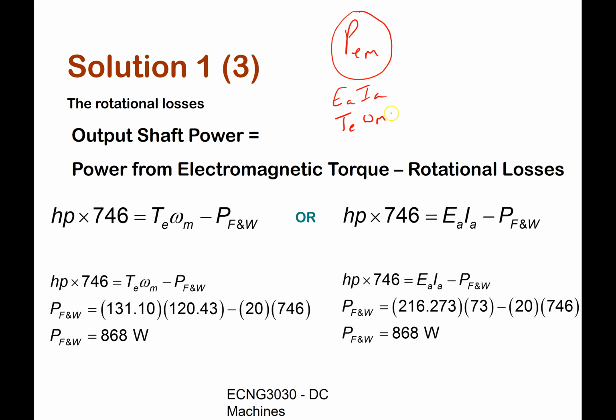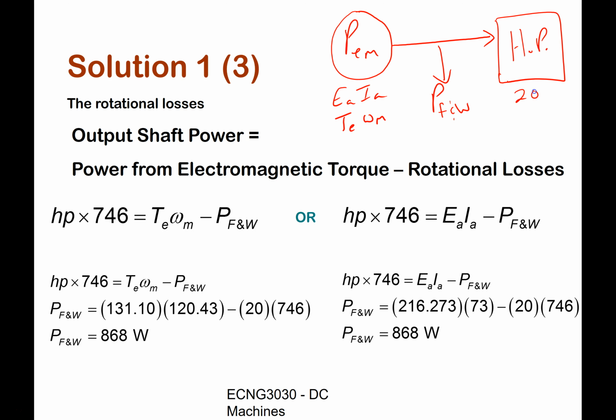This is the power that turns into mechanical energy. But then on the way I have some losses in the form of friction and windage, and then after that, I get the final horsepower of the motor, and this was given to me, the horsepower of the motor, which is 20 horsepower.